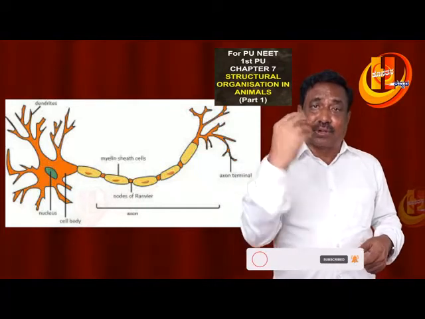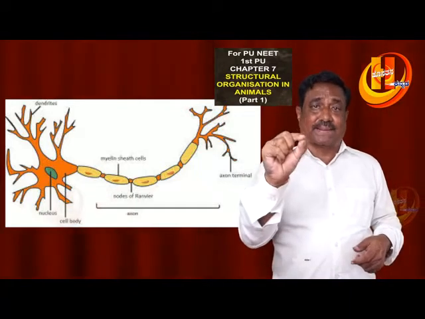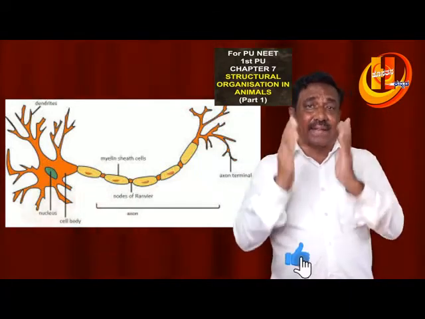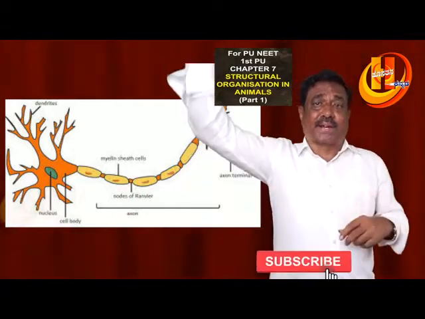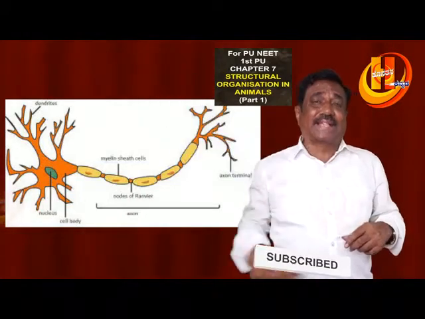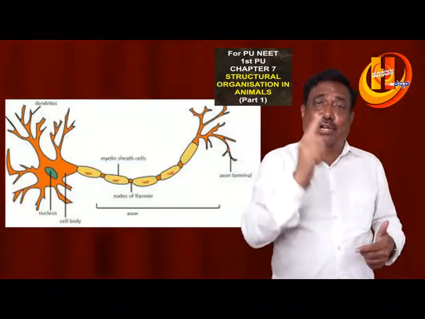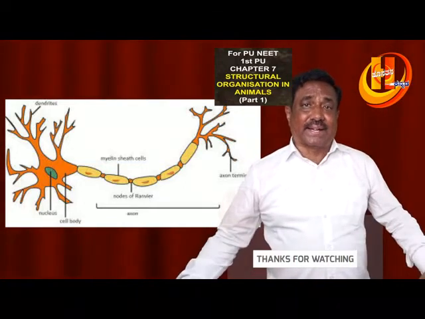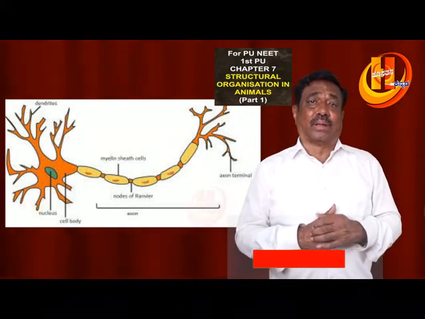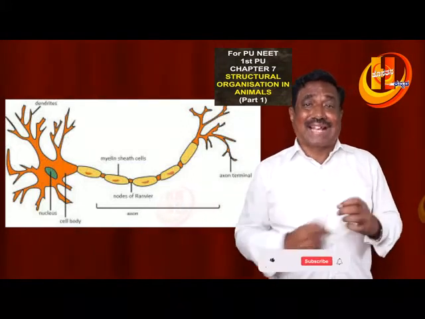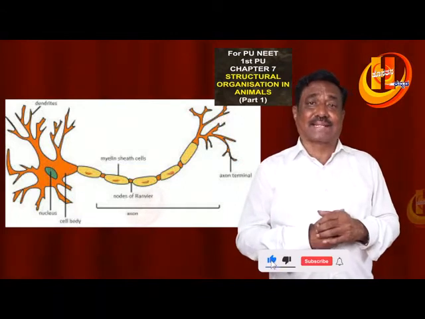Cyton consists of neuroplasm. Within the neuroplasm, cell bodies are present, and the cyton also bears a tubular dendron further branched into dendrites. Axon is composed of box-like cells called Schwann cells. The space between the Schwann cells is called the node of Ranvier, and the ending is the axon ending.